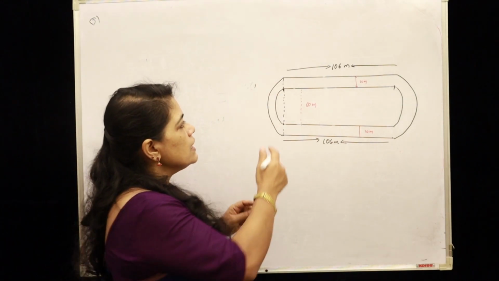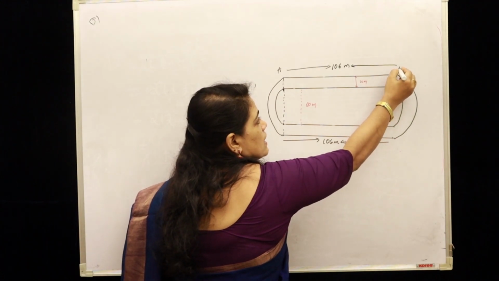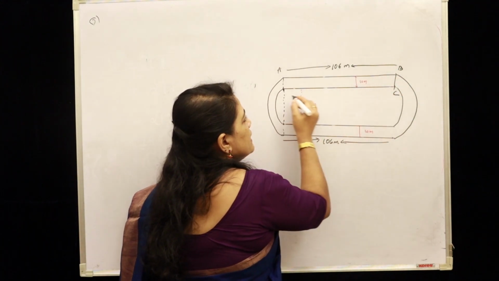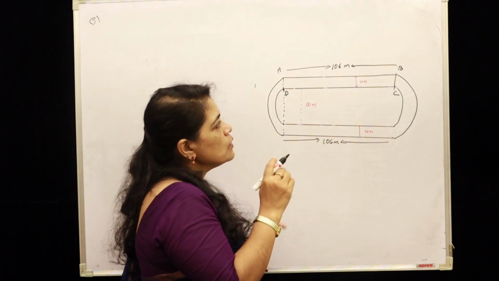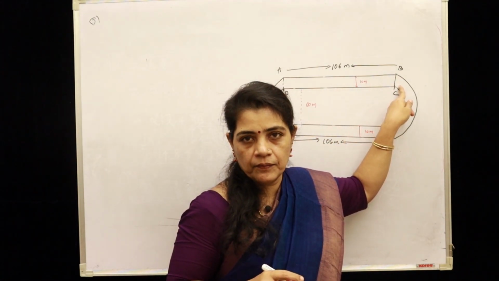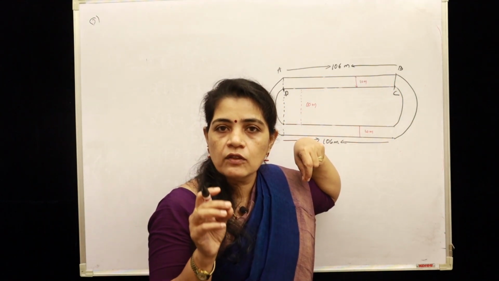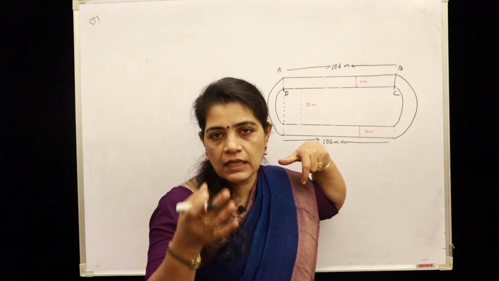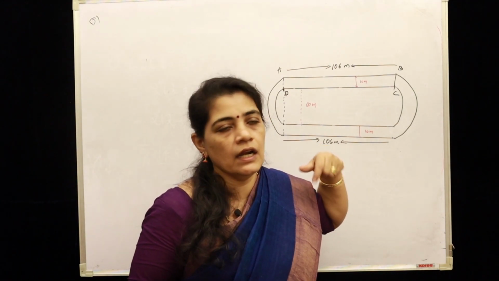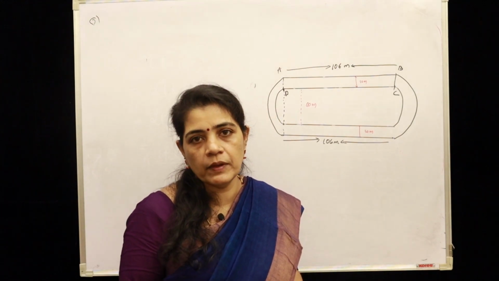That means here if you mark this as rectangle ABCD, you have to find the area of this rectangle ABCD. The width of the track is 10 meter, so the width will be the breadth of the rectangle, and the length is already given directly, that is 106 meter.